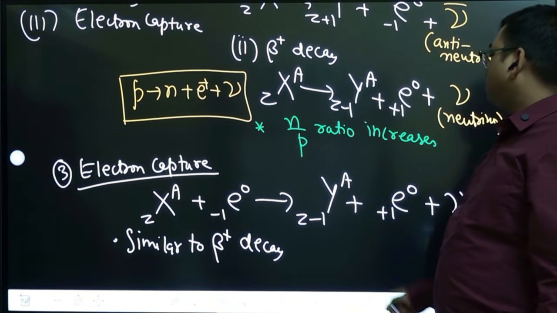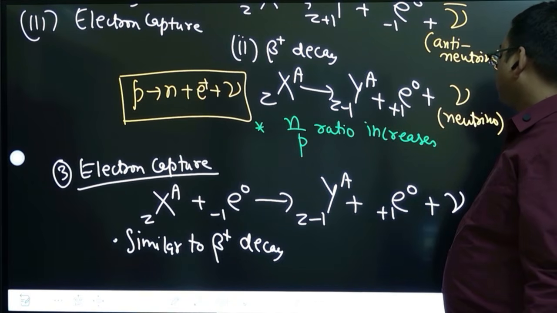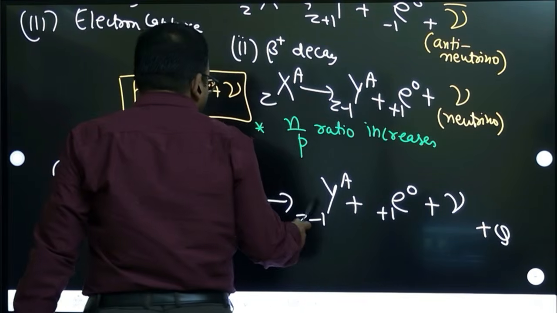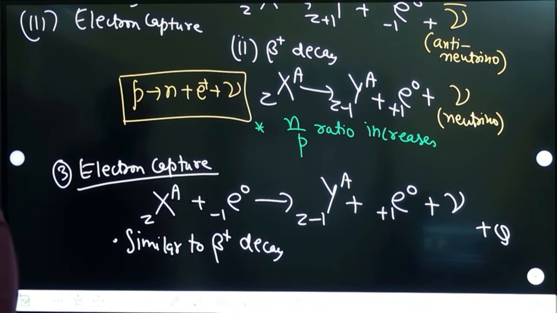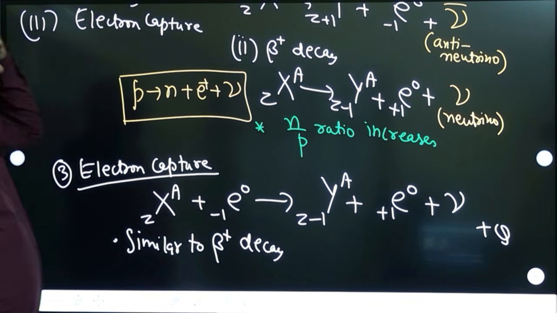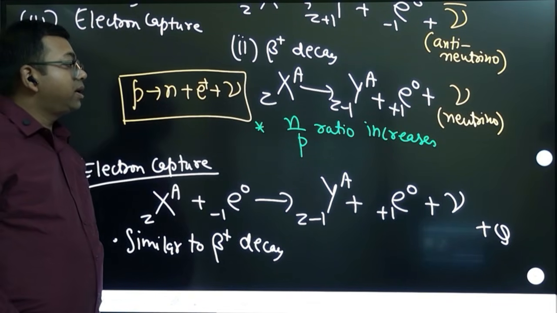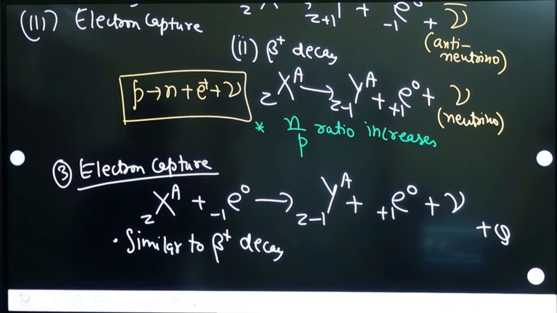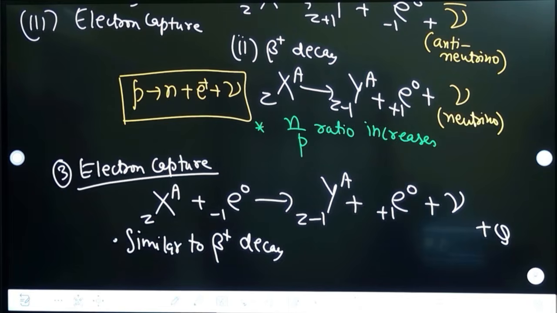So the electron is captured, it is becoming this, right? And there is a neutrino. Okay. Then done. What else is remaining?